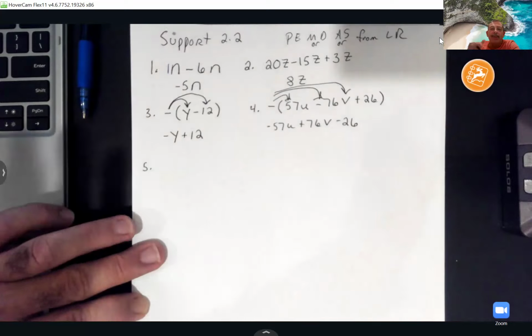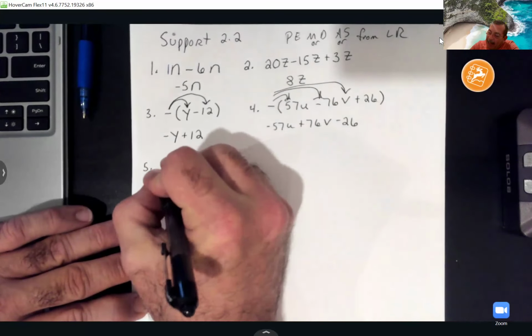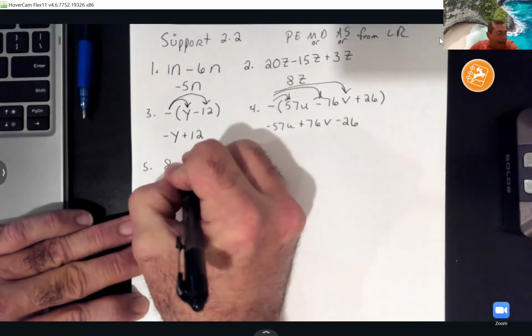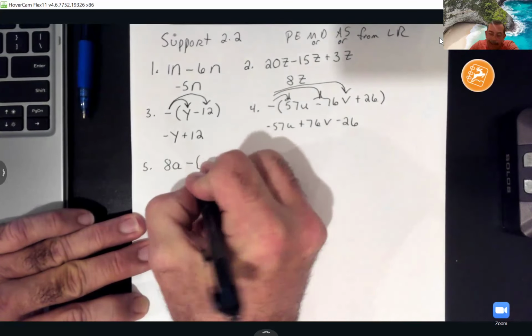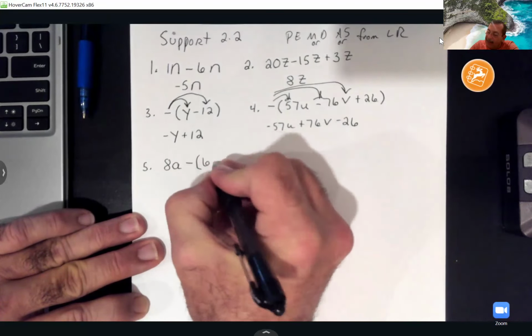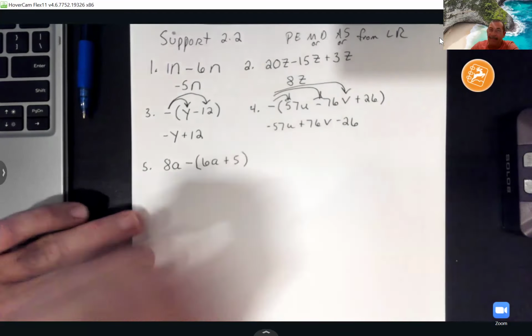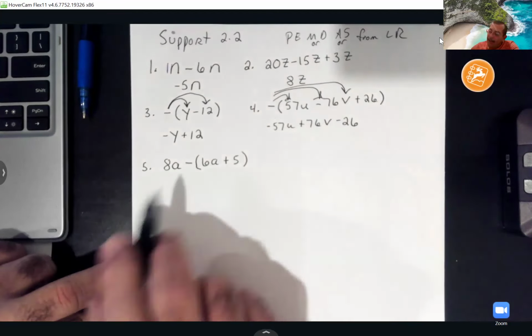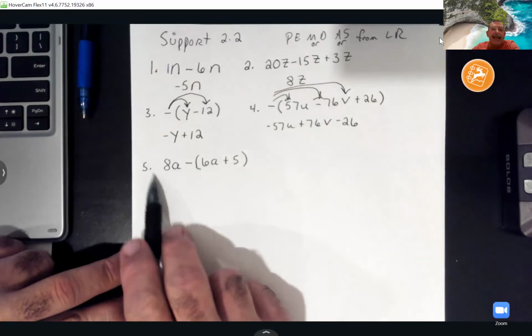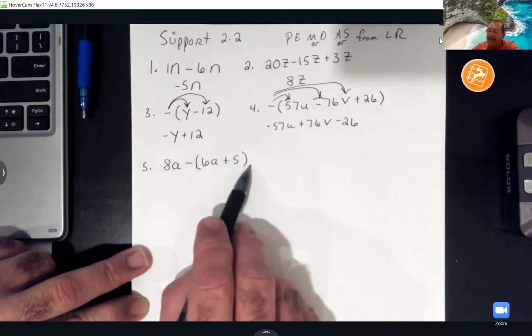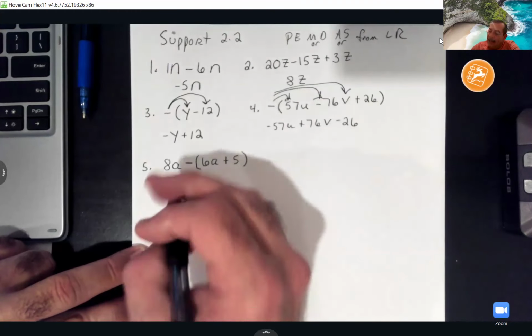All right, so let me throw some curveballs at you, and I'm going to do an 8a minus parentheses 6a plus 5. So y'all, when you do one like this, 8a is not affected by none of this. So bring down that 8a.